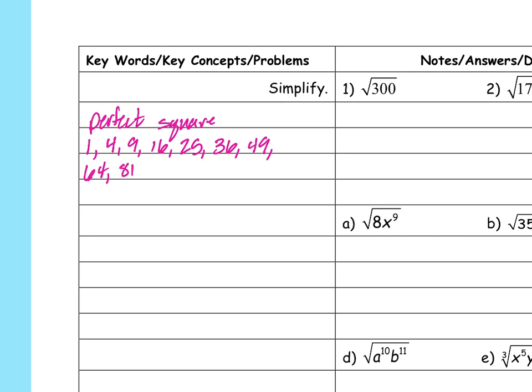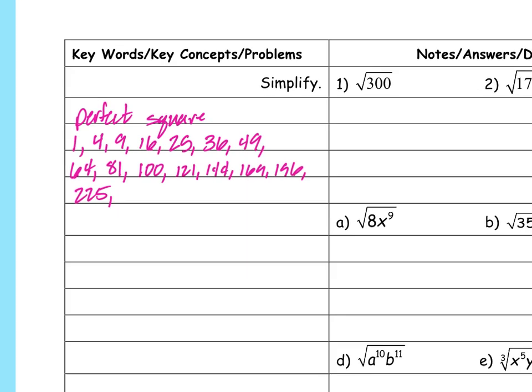So then it would be 81, 100, 121, 144, 169, 196, 225, and 256, 289. I always forget 16 times 16. I think it's 289, but it doesn't matter. You probably won't get up there. But I want to look for one of those numbers, okay?